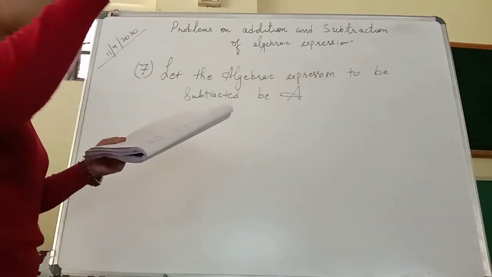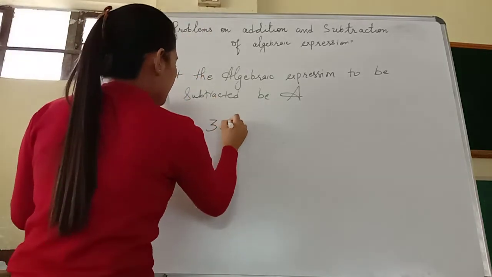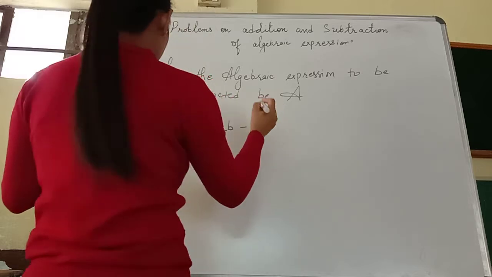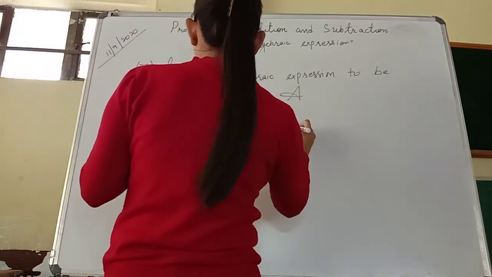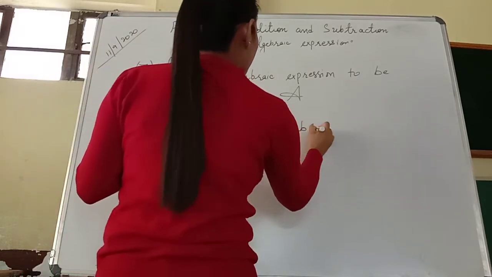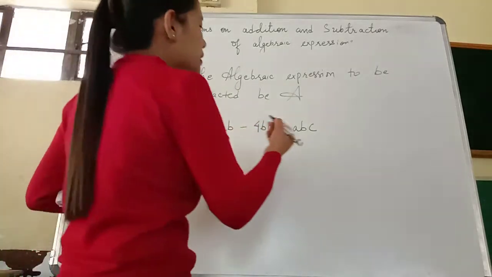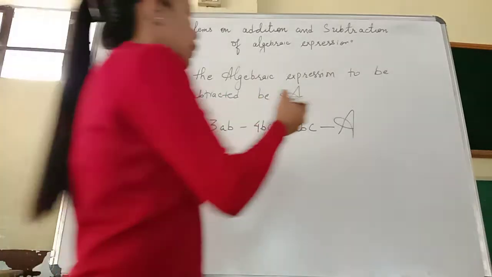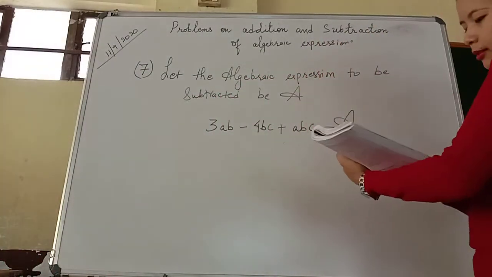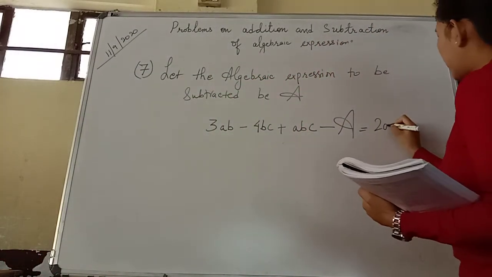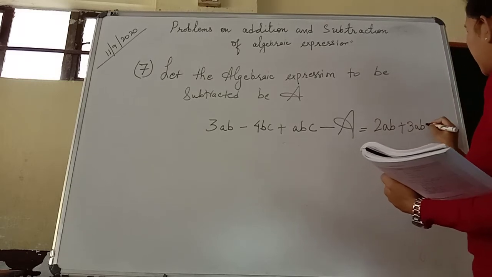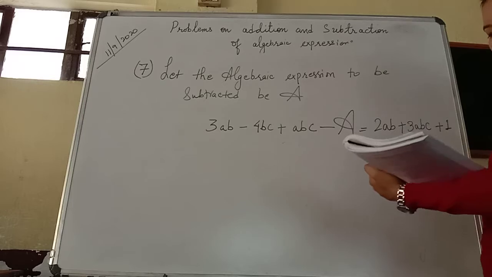So from 3AB minus 4BC plus ABC, how much should be subtracted? So that's how much we have assumed it to be A, which gives us 2AB plus 3ABC plus 1.